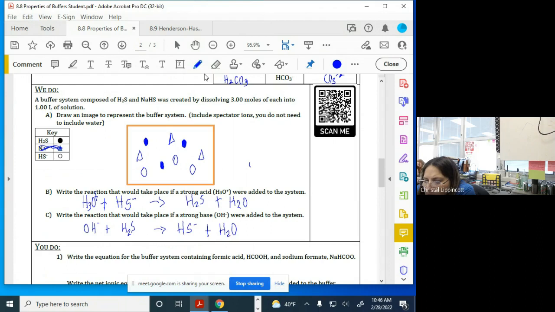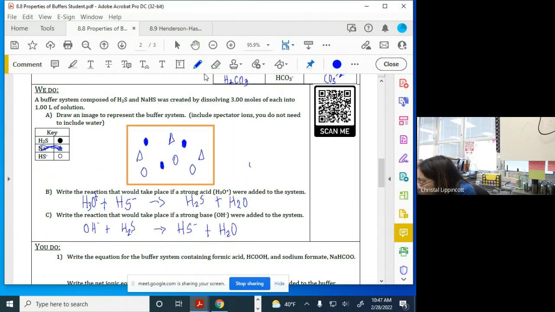So if I have this hydroxide, I need to neutralize it, so essentially I need to make it into water. Which one of these things is it going to grab hold of? Well, if it's OH-, it's going to grab this one so it can get that hydrogen off of it.